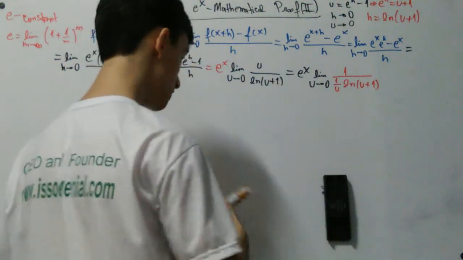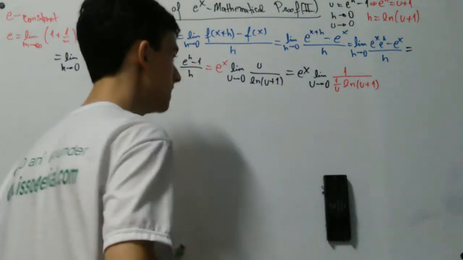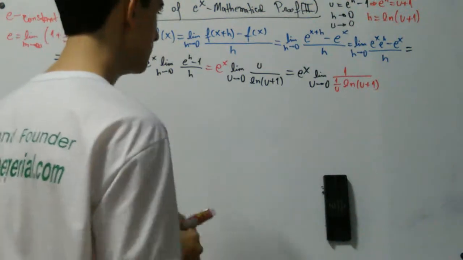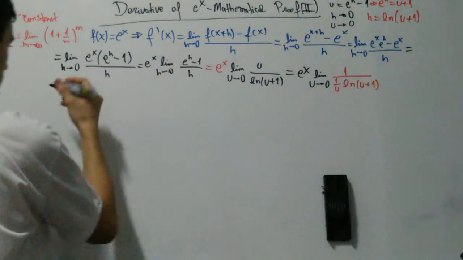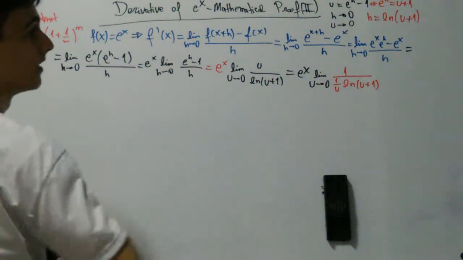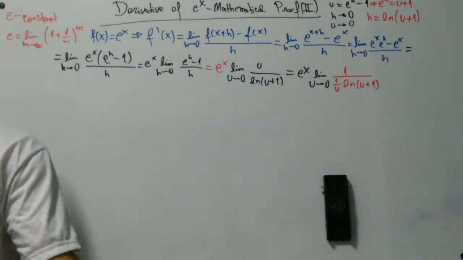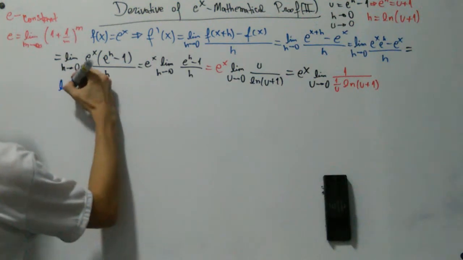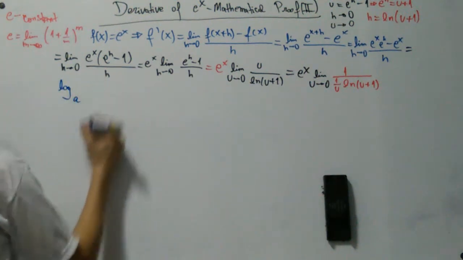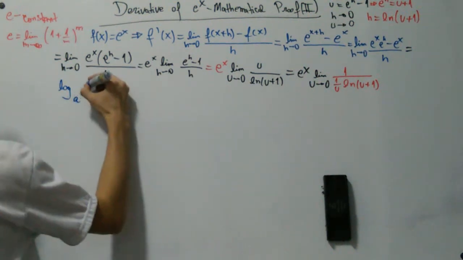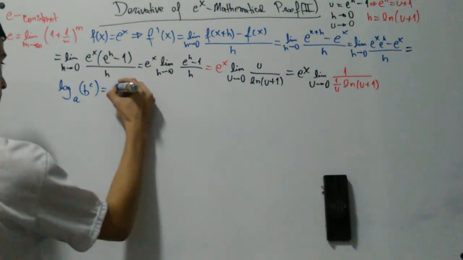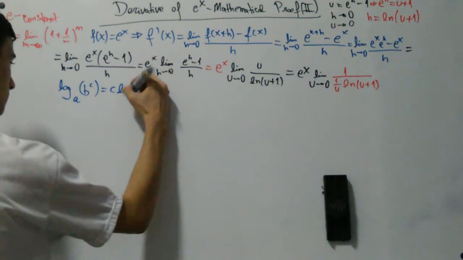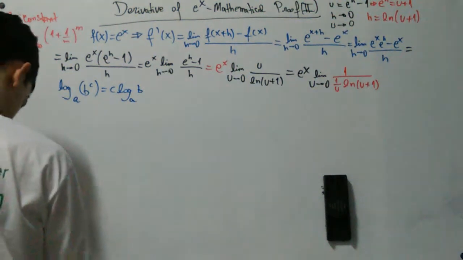And now, we're going to use another property of logarithms. We know that if we have, for example, log base a of b raised to c, this is equal to c log base a of b.